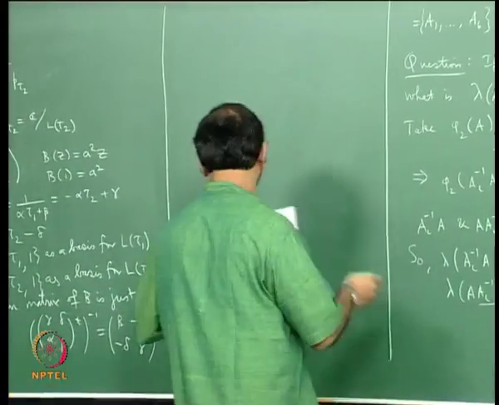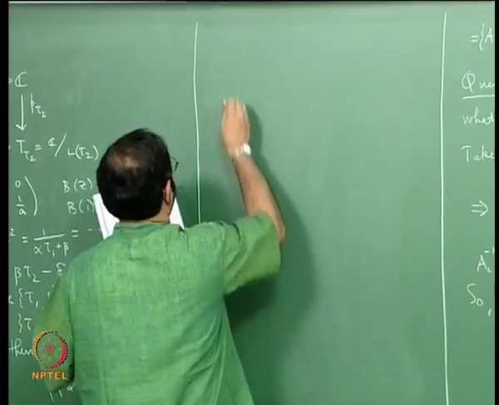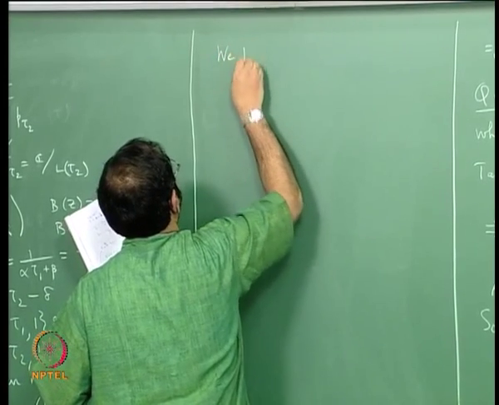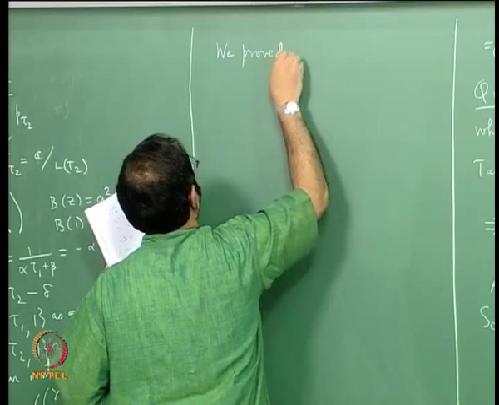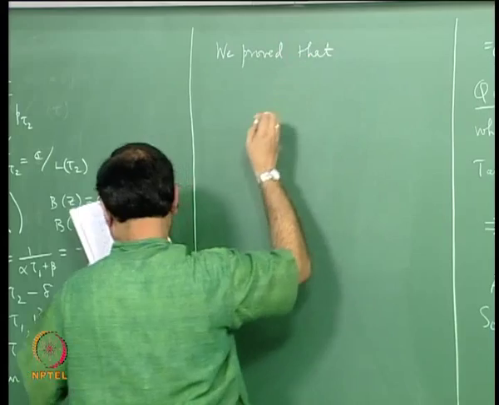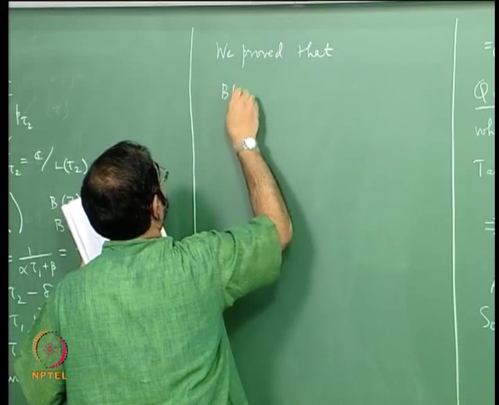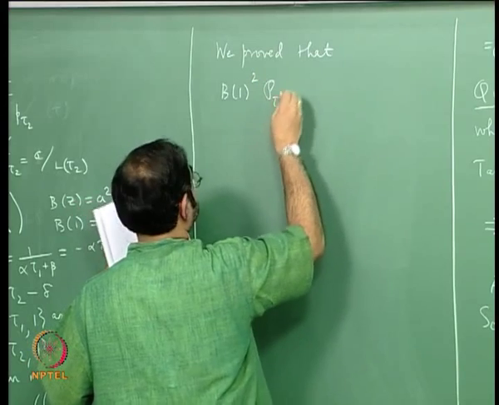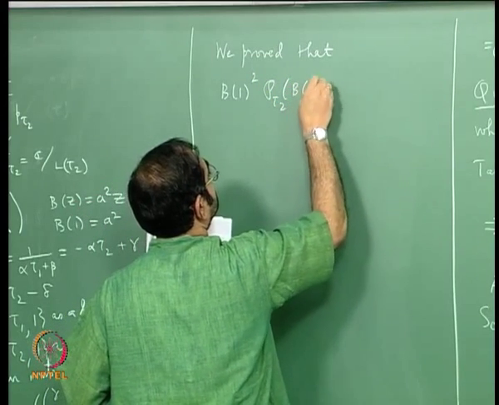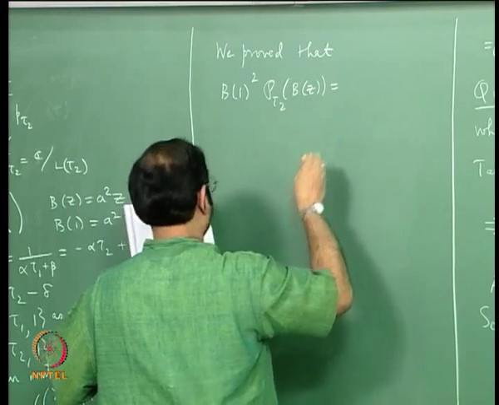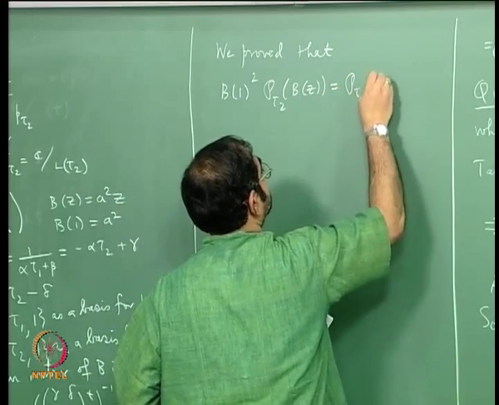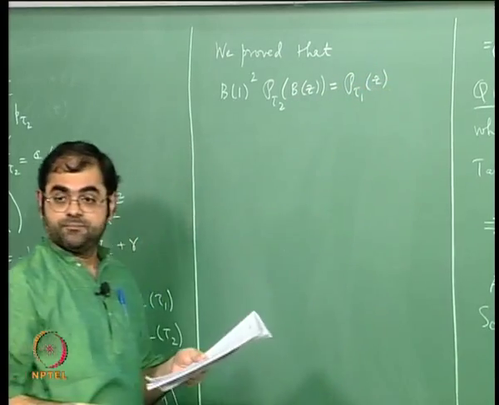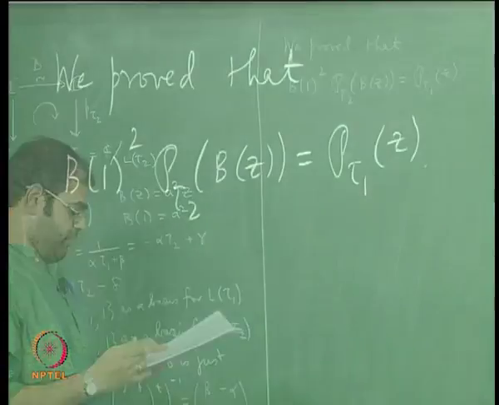So in fact what we proved in the last lecture, and I need this, is that B of 1 the whole squared times p tau 2 of B of z is equal to p tau 1 of z.